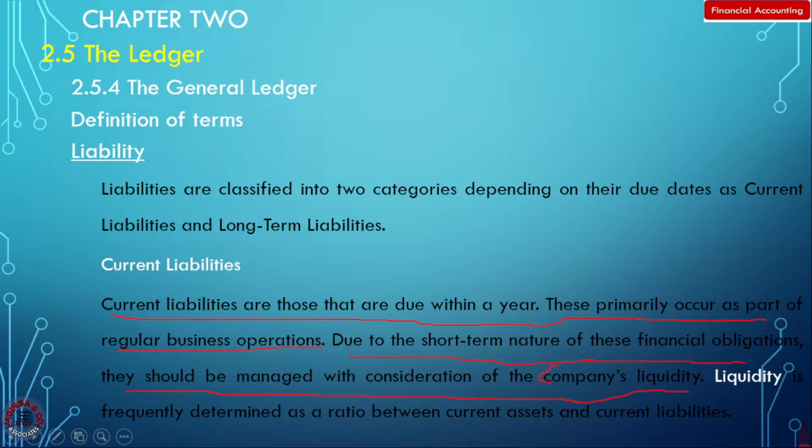When you talk about the company's liquidity, here we are talking about the cash at bank or the cash in hand or the cash equivalents that we have within a company. For example, maybe you've taken goods from a supplier and you are supposed to pay within 60 days.